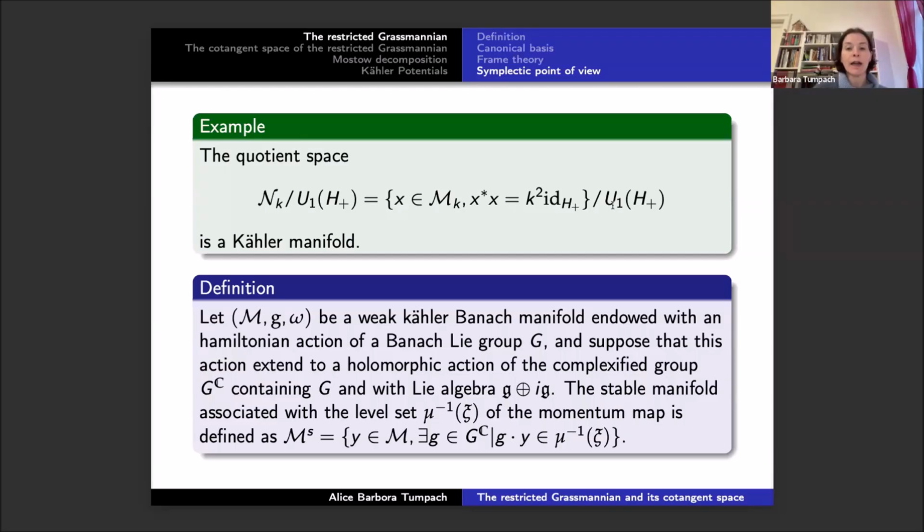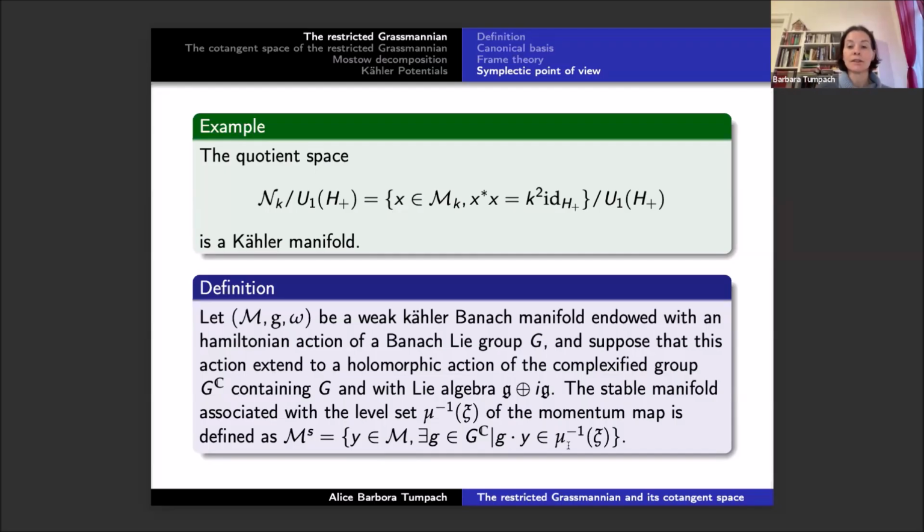So the action of the group G extends holomorphically into an action of the complexified group. And then we can define the stable manifold of a level set. These are the elements in the ambient manifold M which are such that there exists an element in the complexified group which maps Y onto the level set.